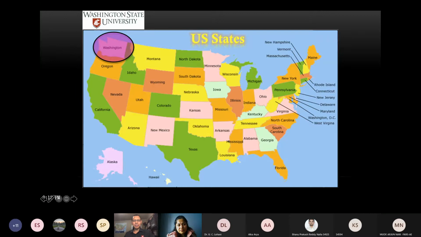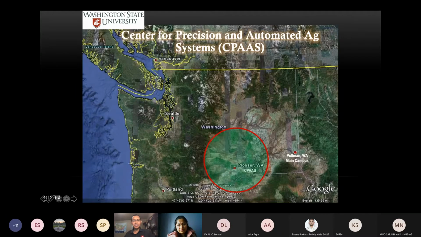This state is really green in most of the areas, but the central part of the state is quite dry with really low precipitation. Our center is located somewhere at the south central part of the state, as you can see here.